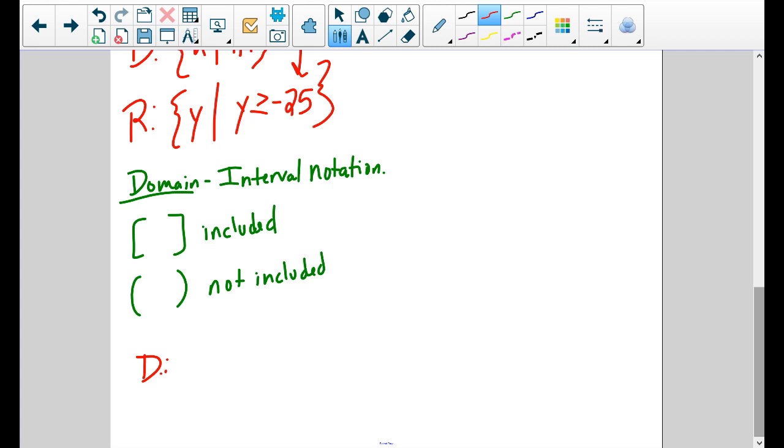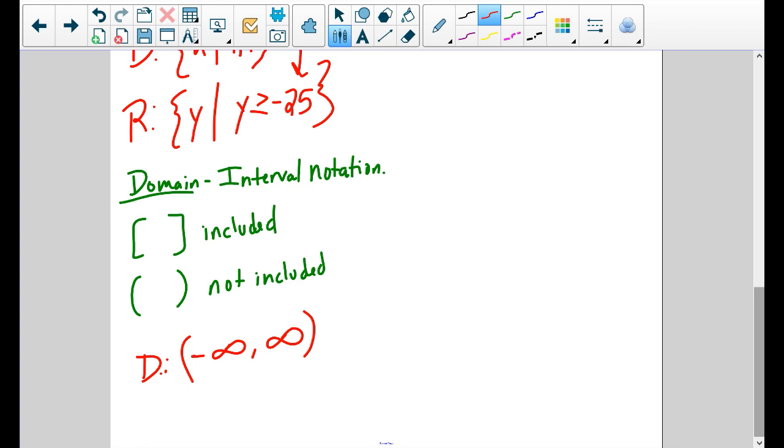So we're going to go from negative infinity all the way to positive infinity. Now, can infinity be included? No, because infinity is not a real number. If you say infinity, I can say infinity plus 1. So it's not really included, so it's going to be parentheses around them.